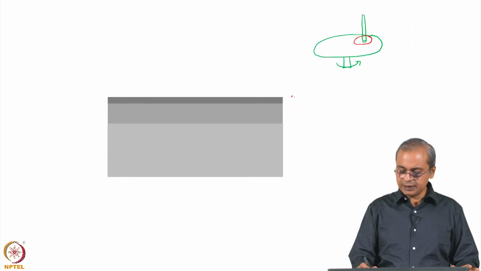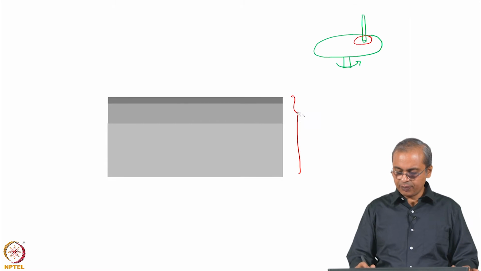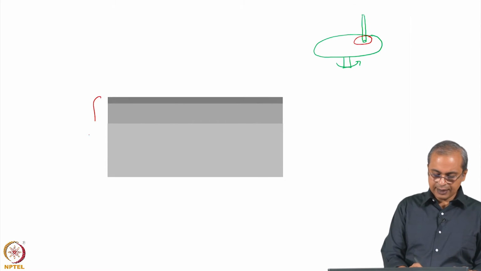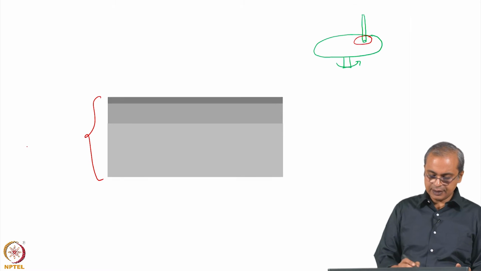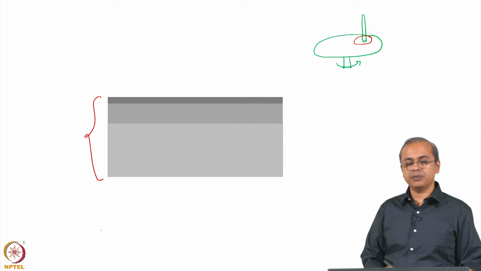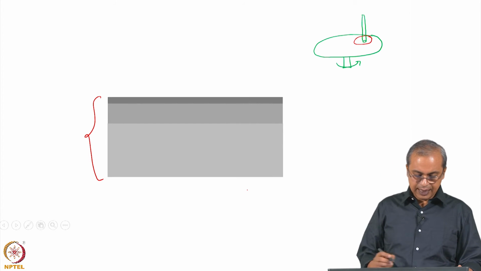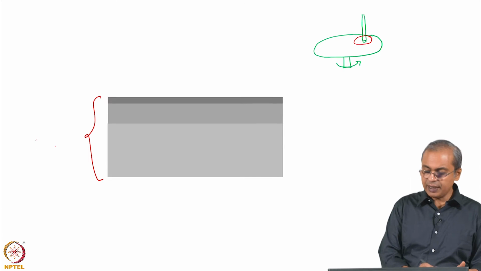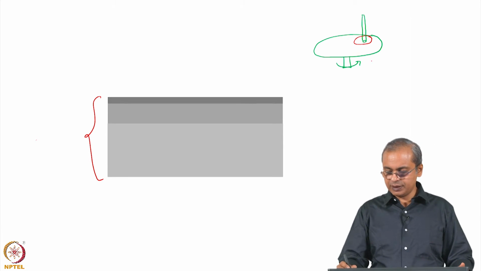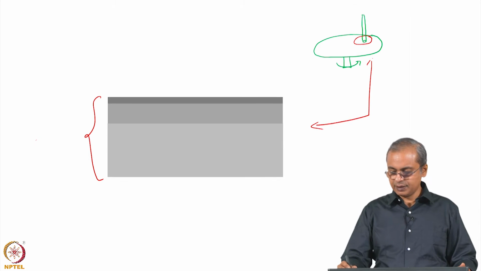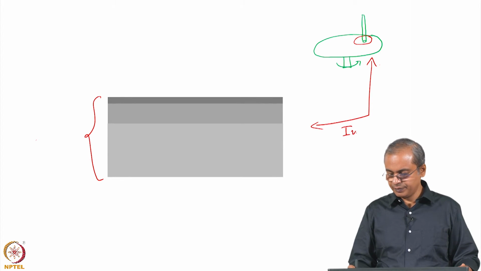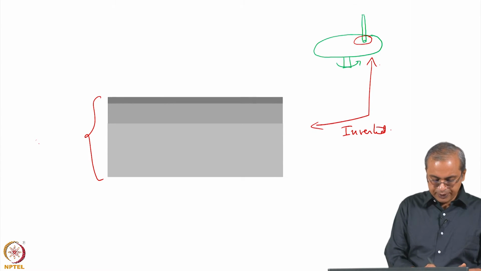What I am showing you is the likely microstructure that you might have at the top of that pin. This set of 3 layers is a schematic of what you can expect at the surface of the pin that underwent wear. If you look at the orientation with respect to this test, this is inverted.